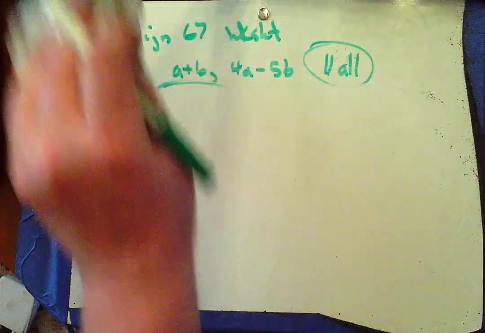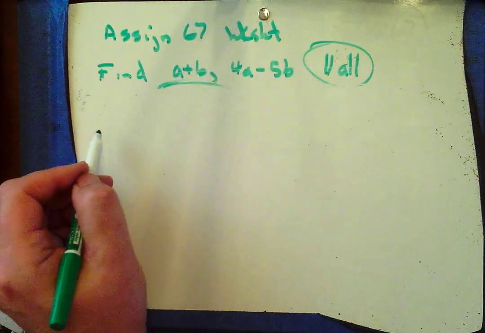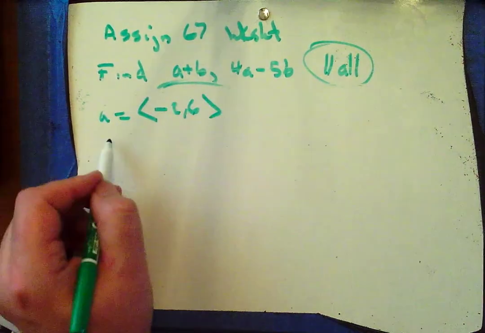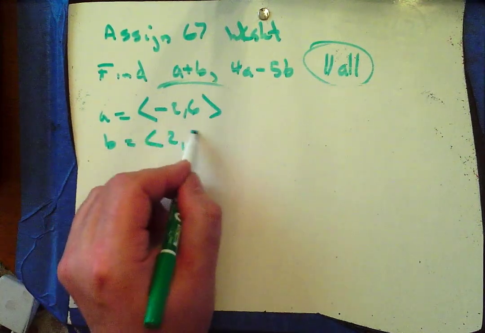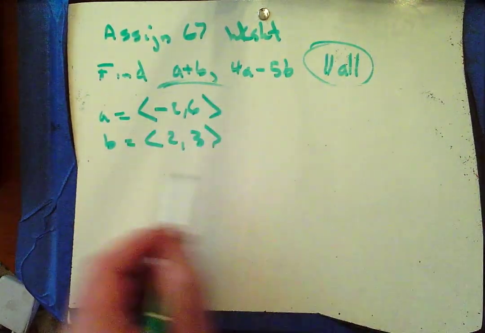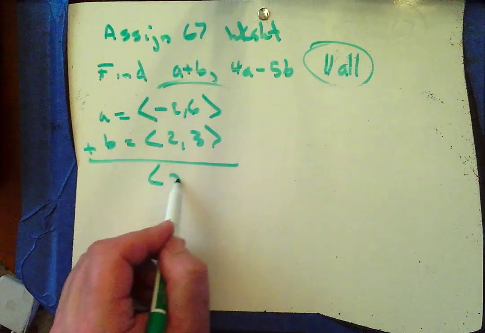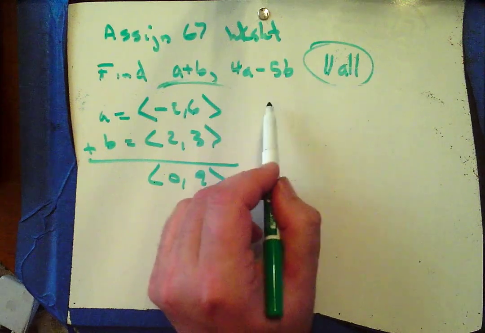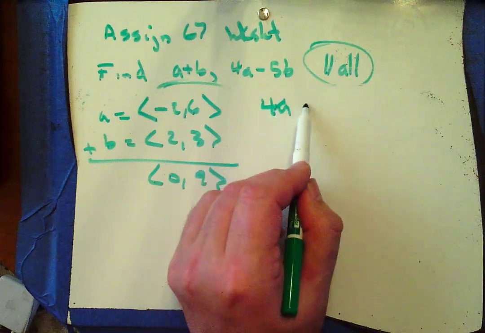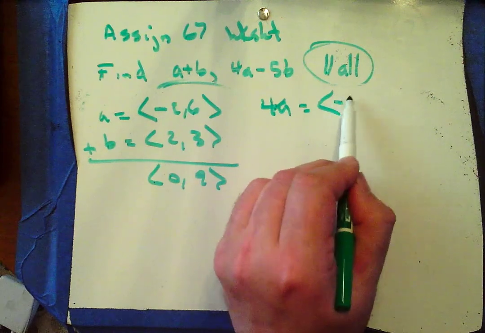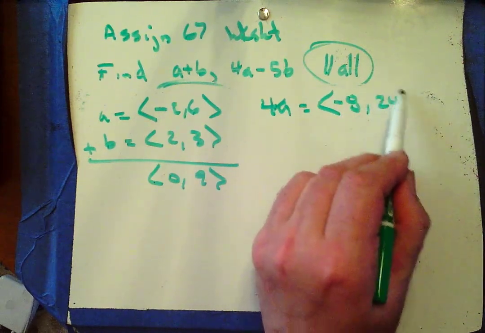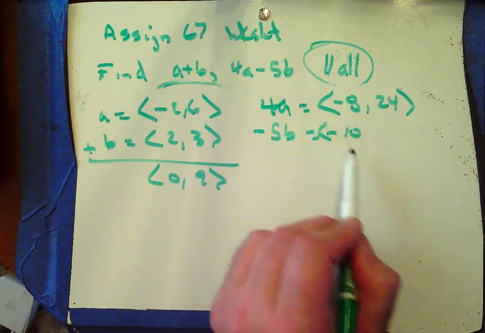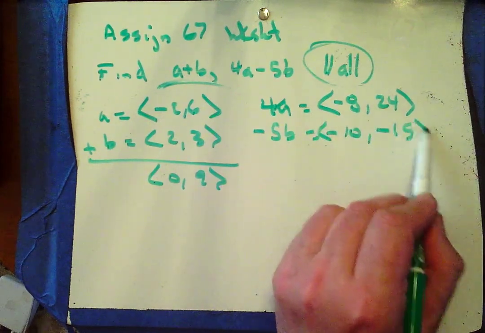Problem number 2, we're dealing with a equals negative 2, 6, and b equals 2, 3, and we're looking for those same things. So when I add them together, I get 0, 9. And when I do 4a, 4a equals negative 8, 24, and minus 5b equals negative 10, negative 15.